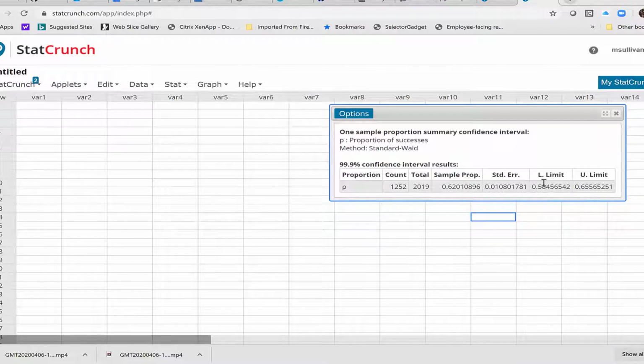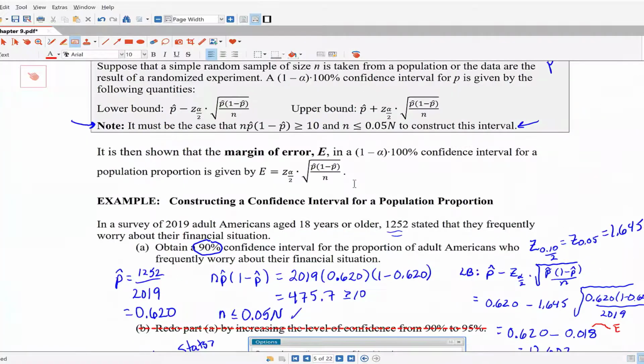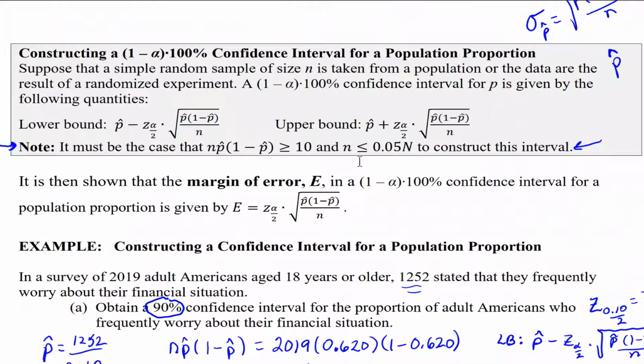Right. That's primarily because of the fact that my sample size is actually pretty darn big here, right? Because if you think about this formula, and this is why showing how to do this by hand is important, you can see the margin of error is impacted by two things. It's impacted by the critical value, which is really your level of confidence, impacts that Z value.